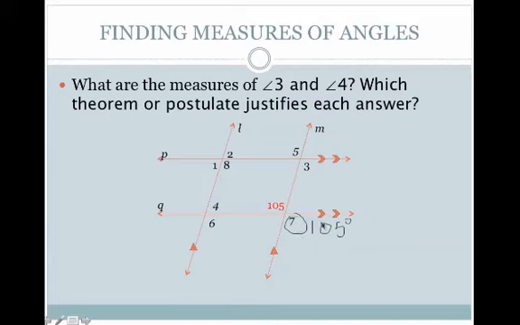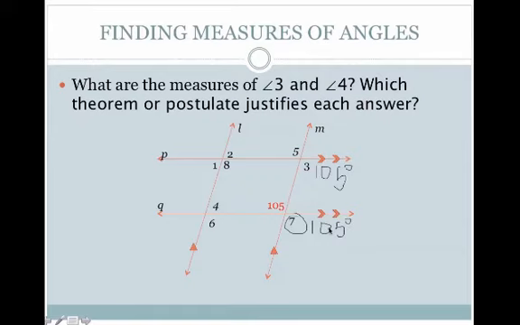All right, so from there, I know that 7 and 3 are going to be corresponding angles. And I know that P and Q are parallel. So if P and Q are parallel and M is the transversal, 3 and 7 would be corresponding. So therefore 3 would also be 105 because of the corresponding angles postulate.